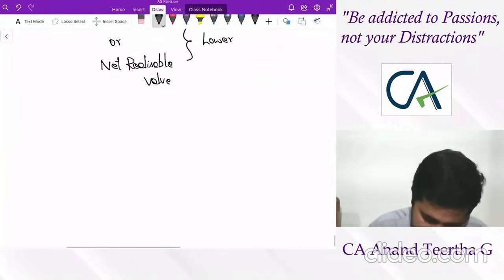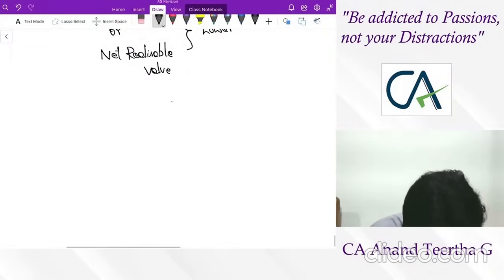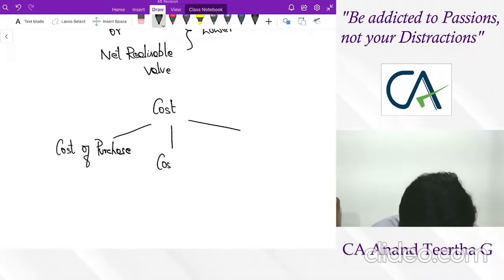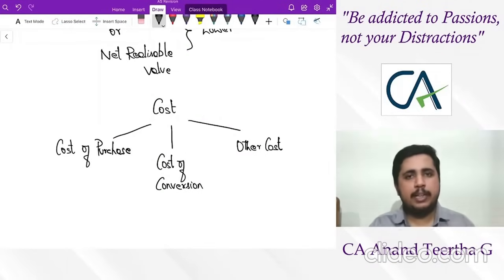Now, what do we mean by cost? What is included in cost? Cost includes three things. First is cost of purchase. Second is cost of conversion. Third is other cost. Cost of purchase basically relates to raw material. So you buy your raw materials, and anything related to those purchases will come under cost of purchase.